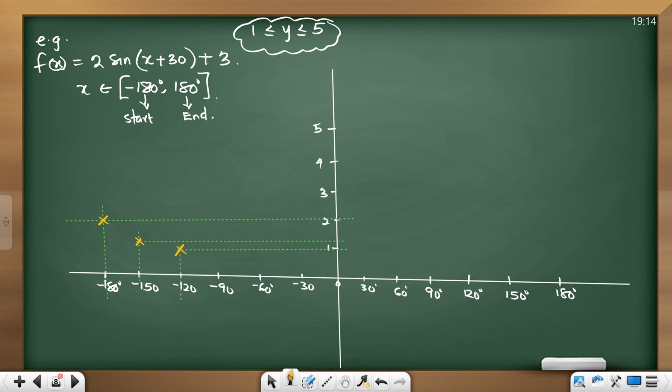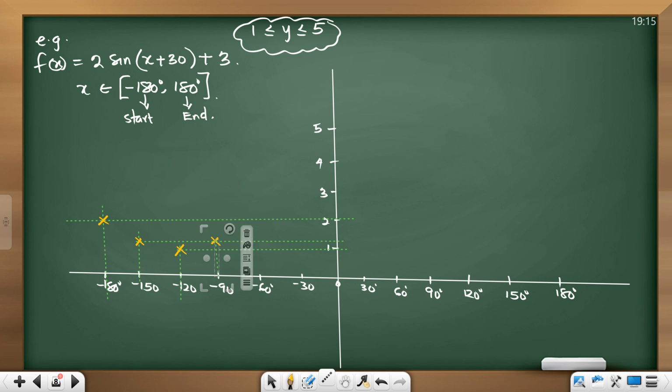Negative 90, 1.3. Is it the same as the 1.27? Yeah, so it's the same level, right? That's the same value.